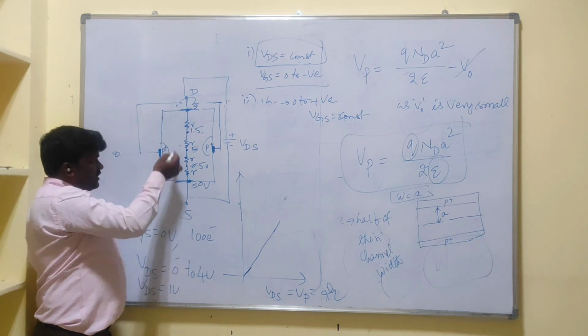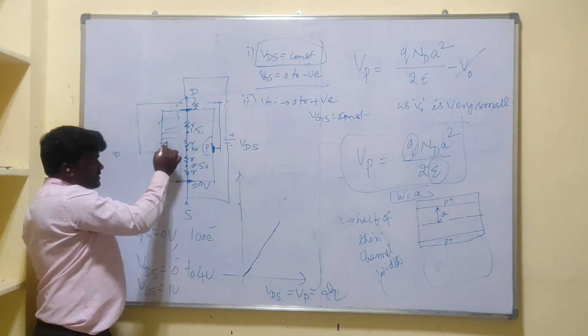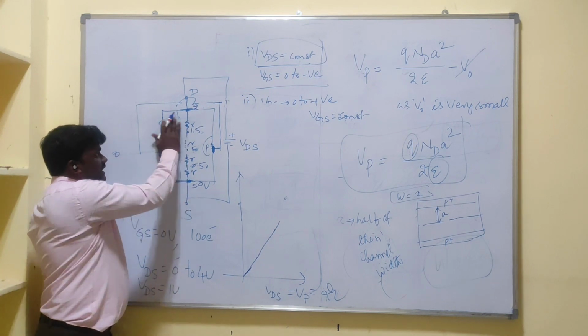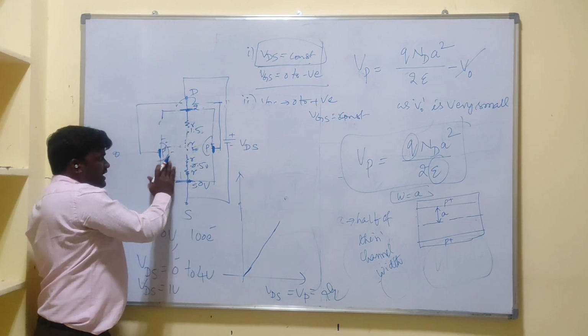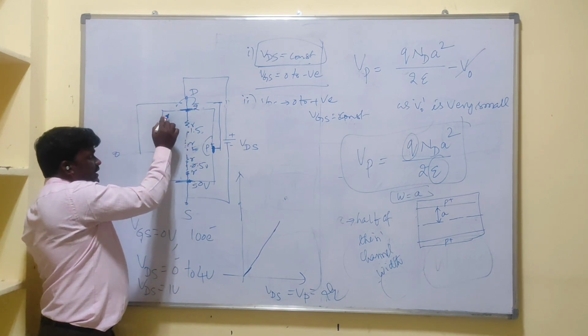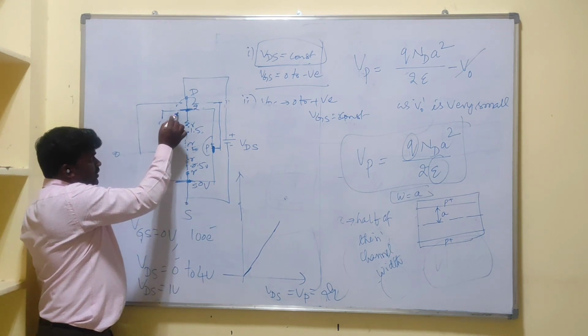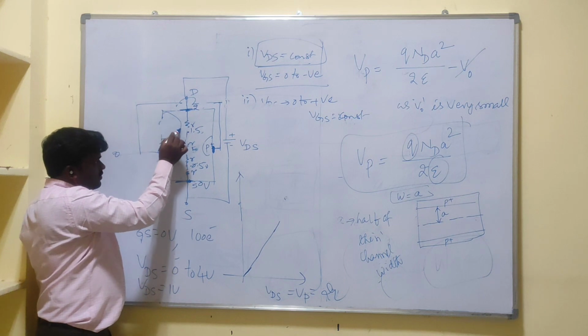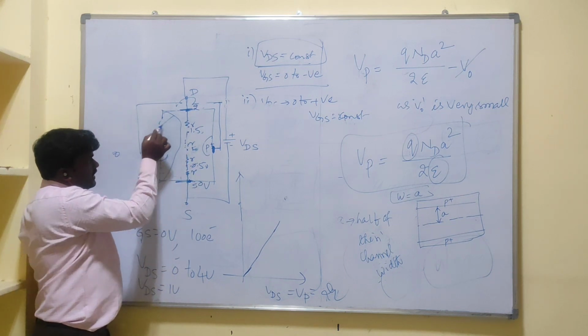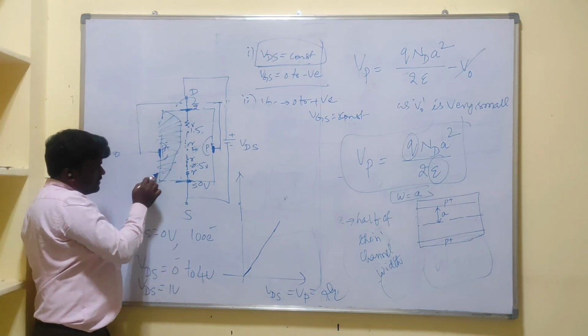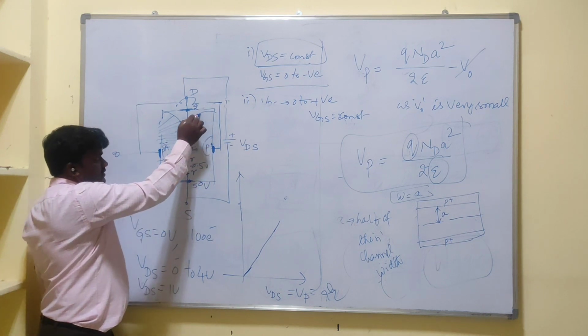Theoretically we have uniform depletion regions, but practically, as the drain end side has the more positive voltage, we have more depletion region on the drain side and less depletion region on the P side, like this.